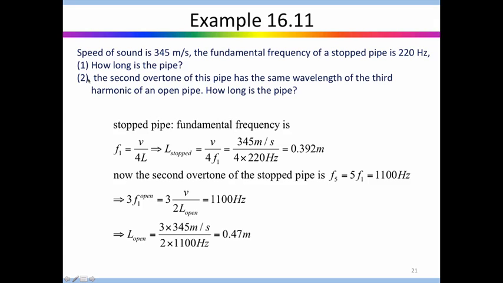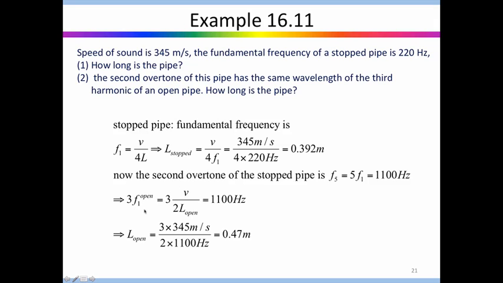The second part of the question wants us to find the second overtone of this pipe that has the same wavelength as the third harmonic of the open pipe. So how long is this pipe? Again, we make use of the formula. We want the second overtone of the pipe to have the same wavelength as the third overtone of an open version of this pipe.